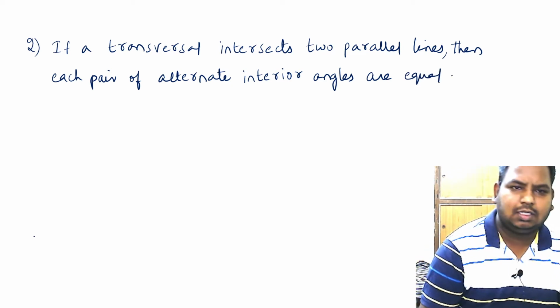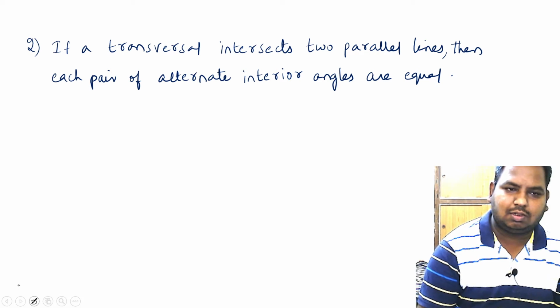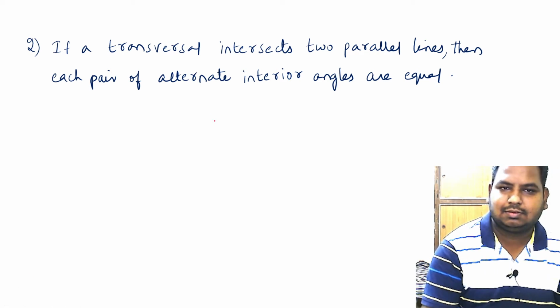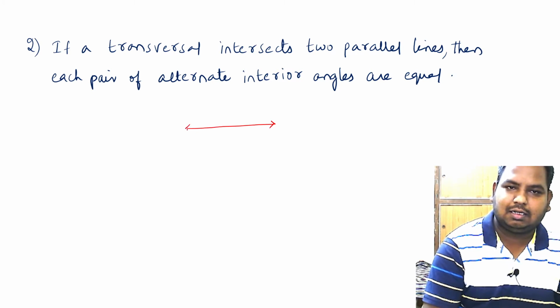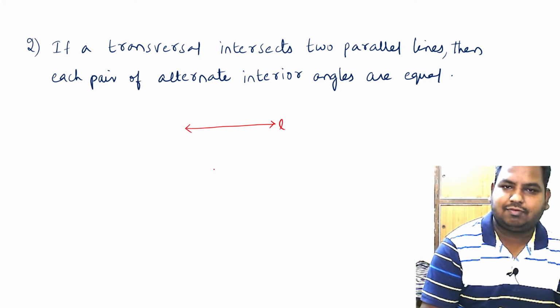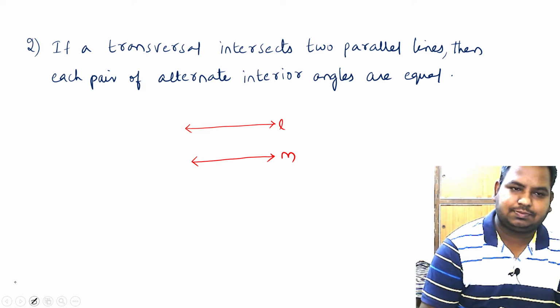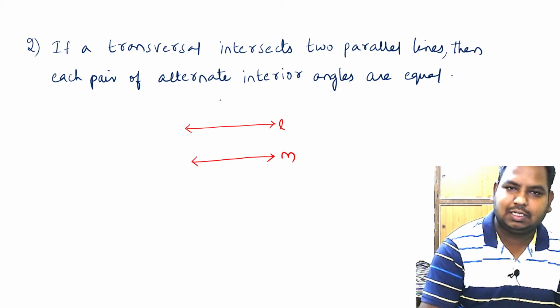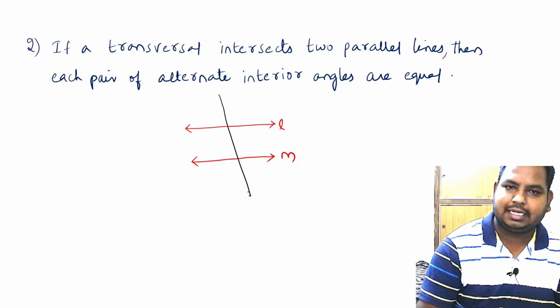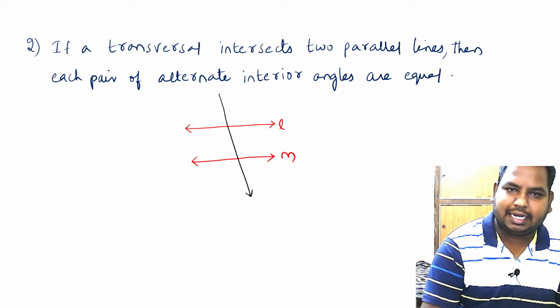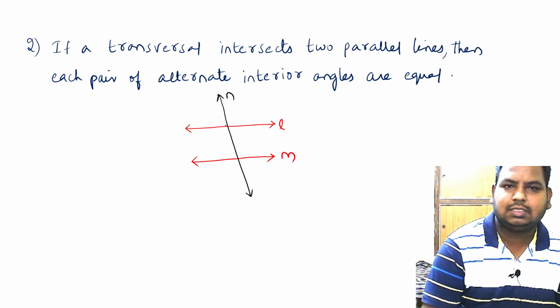Okay. So let me consider two parallel lines. We have line L, we have line M. These two are parallel, and let me consider a transversal. So as usual, line N is the transversal.